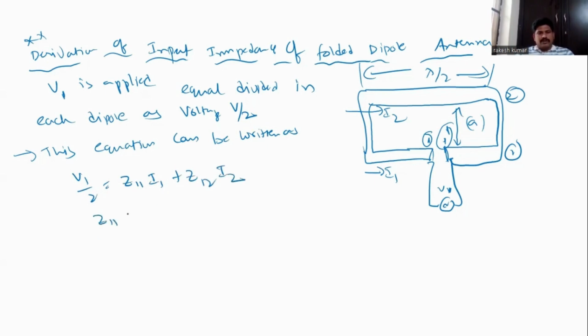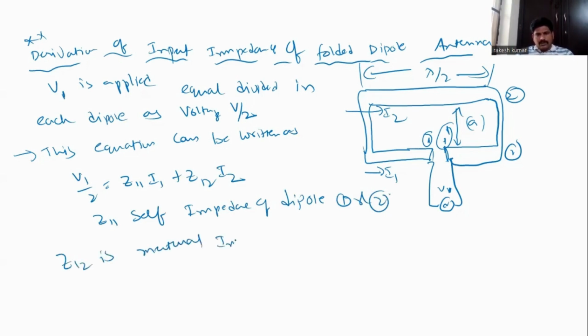Z11 is the self-impedance of dipoles 1 and 2, whereas Z12 is the mutual impedance between dipoles 1 and 2.